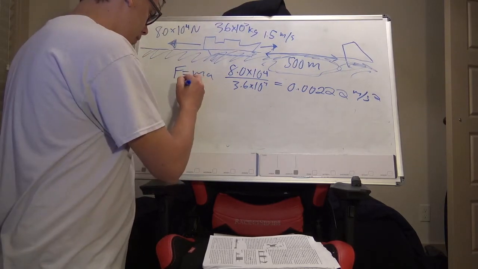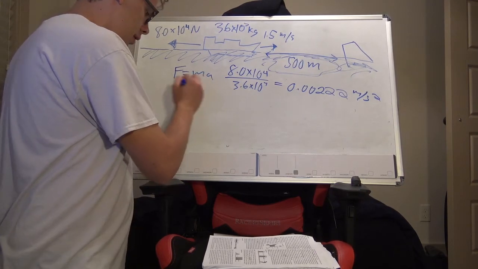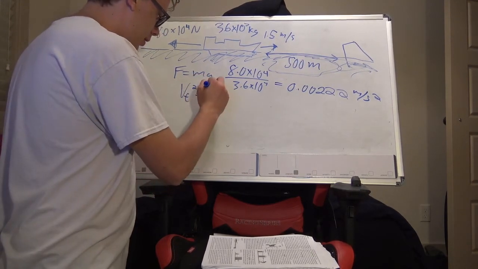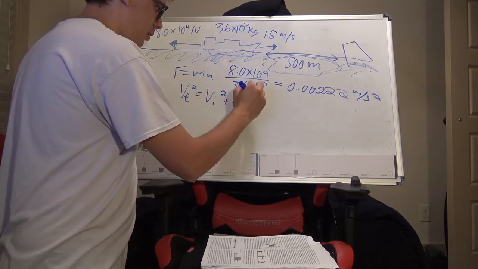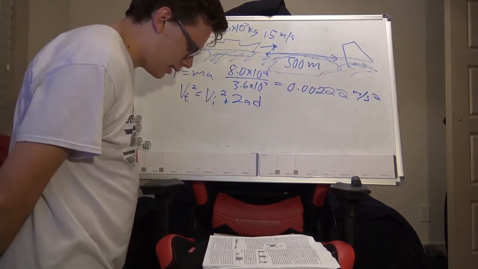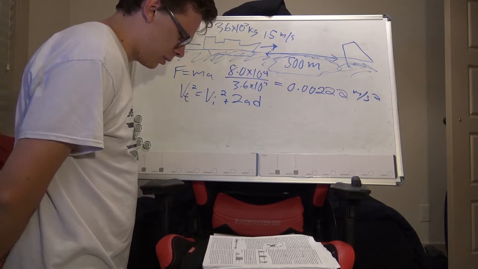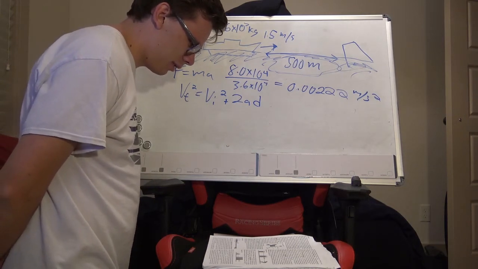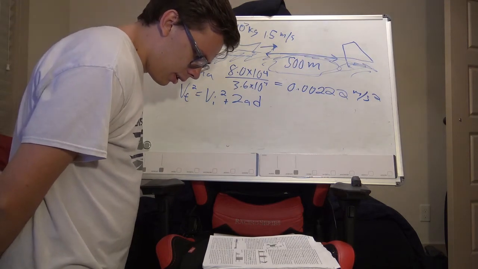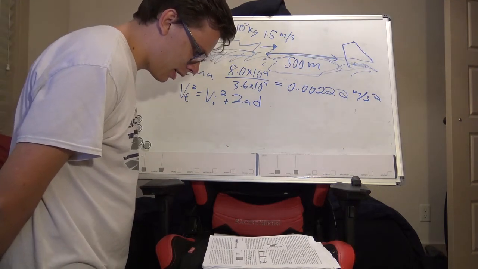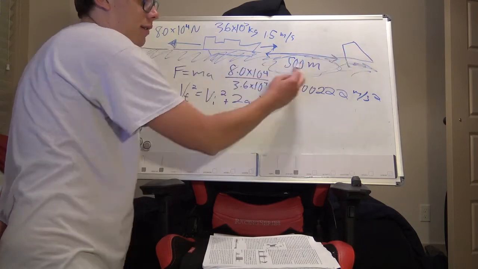So we're going to use final velocity squared equals initial velocity squared plus 2 acceleration distance. We're going to solve for distance here to see if the tanker will hit the reef, which is this right here, 500 meters.